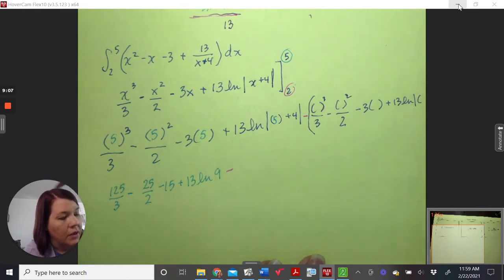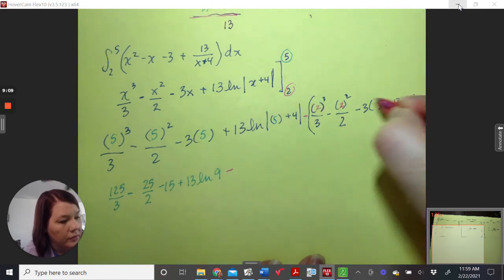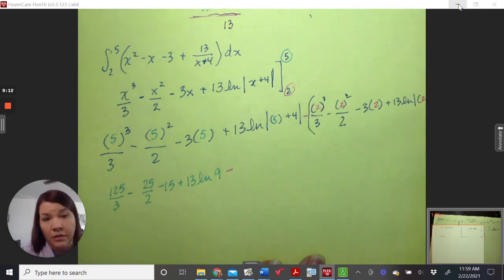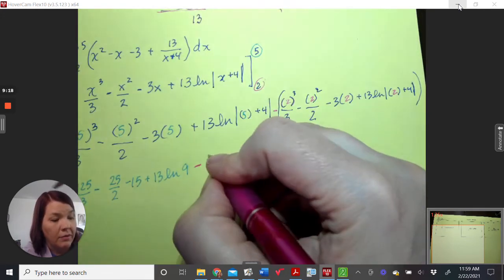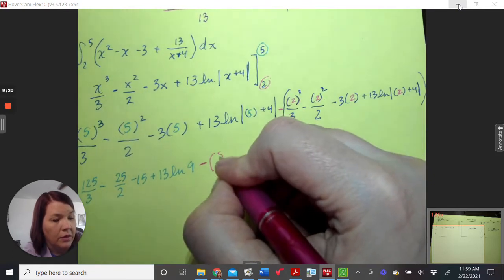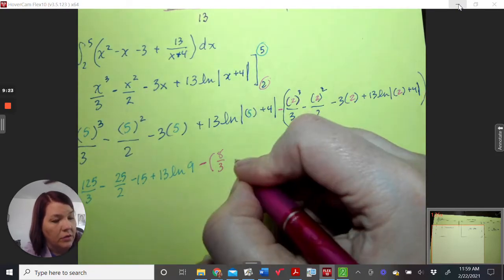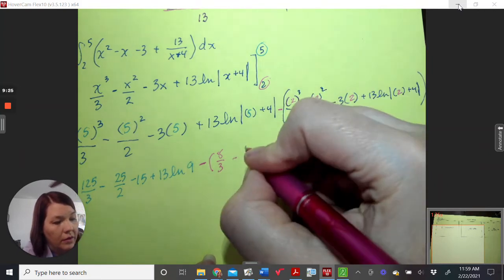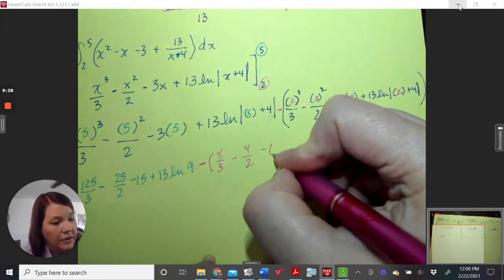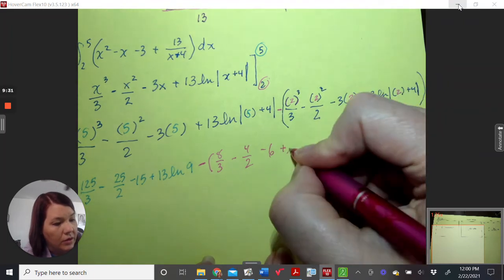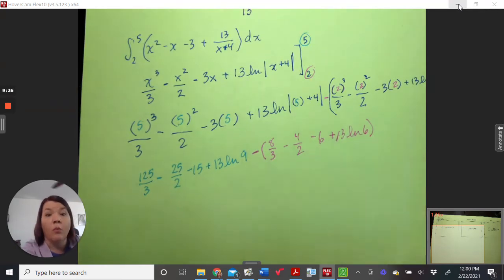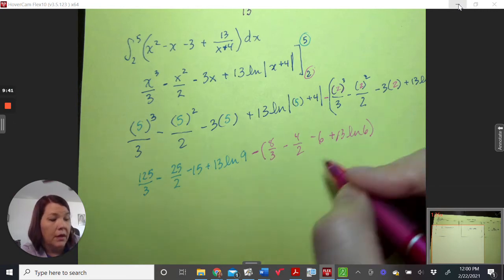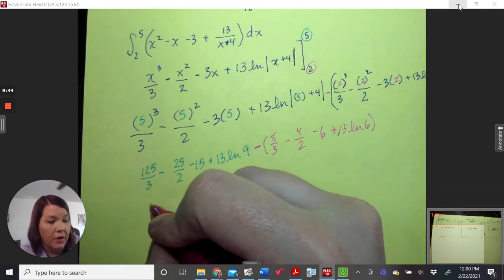So minus, and I'm going to go ahead and leave the parentheses there, 2 cubed, 8 over 3, 2 squared, minus 4 over 2, minus 6, plus 13, ln 6, close the parentheses. And if I needed to go further, and I did not have access to a calculator, I'm going to get my thirds together. So I've got 125 over 3 minus 8 thirds. That's 2.